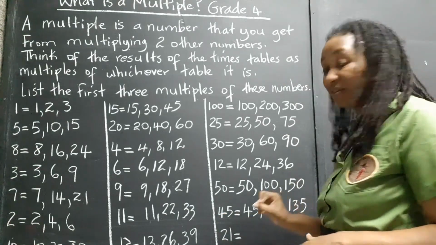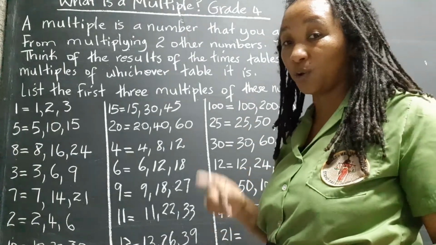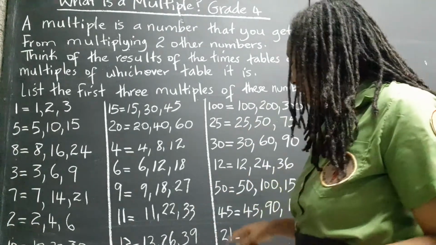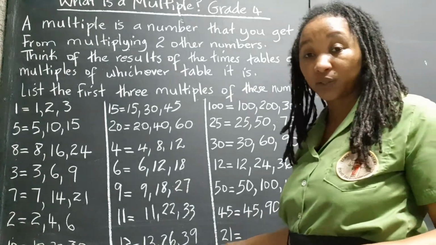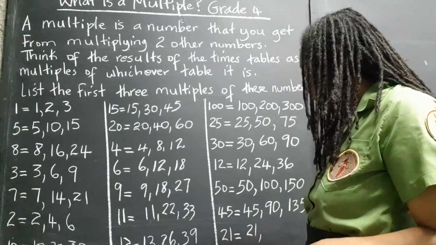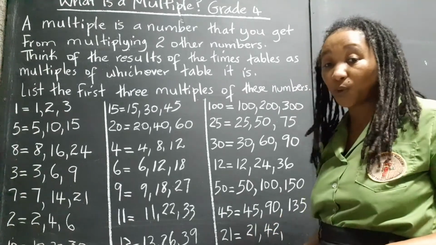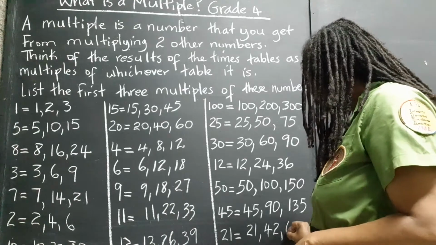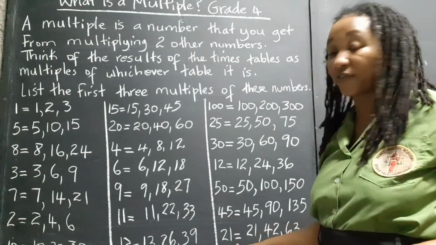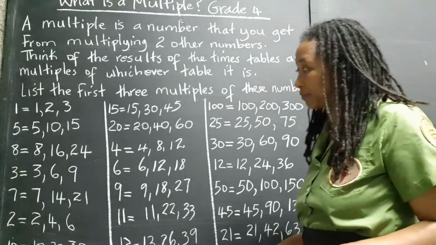I believe that's what you should get. Check it. If you don't get that, let me know. Alright, so we're at the 21. 21 times 1, 21. 21 times 2, I believe that's 42. And 21 times 3, I believe that's 63. So these are the first 3 multiples of 21.